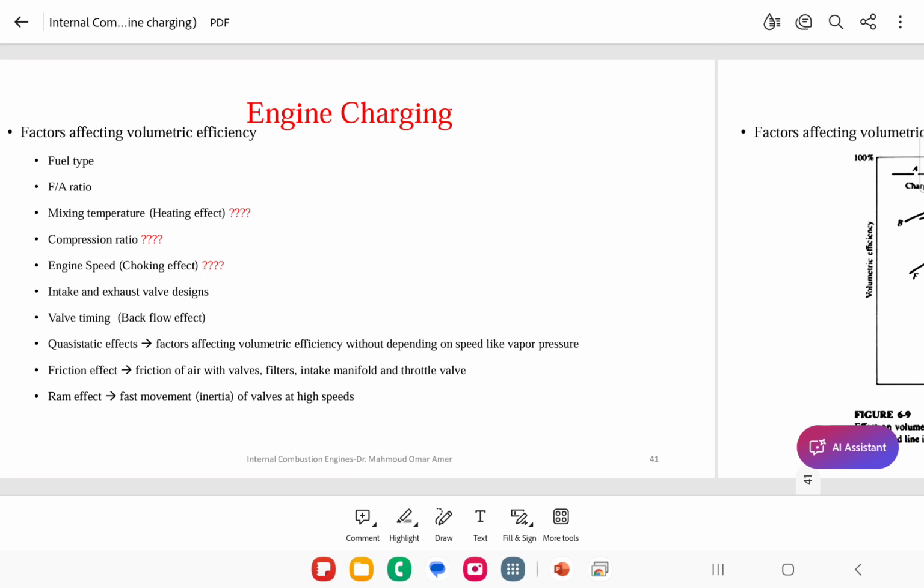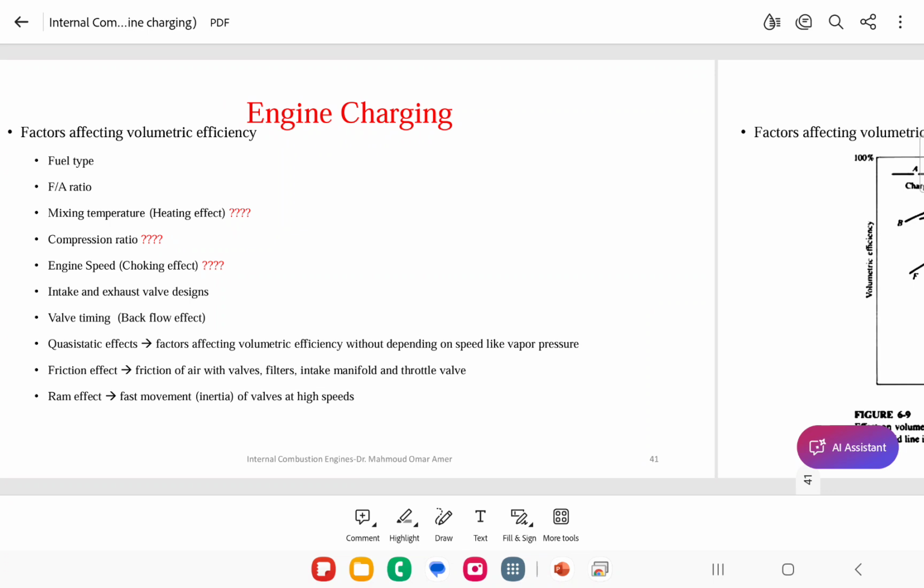Okay? What about the compression ratio? How can it affect the engine charging? If the compression ratio is very high, then the clearance volume will be very low, and you will have longer time to input the intake air, which will improve the charging efficiency.